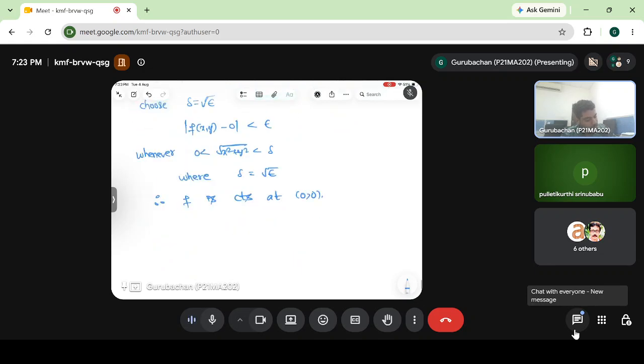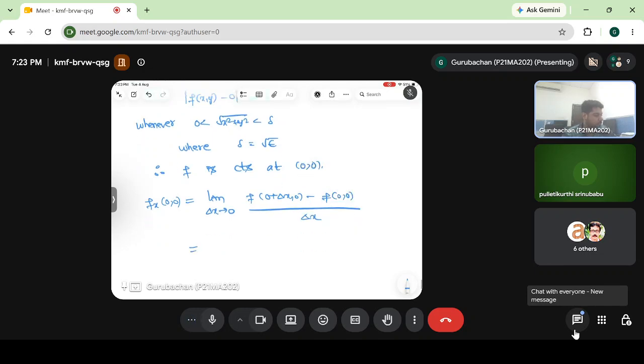Now quickly tell me fx(0,0). What will be fx(0,0)? It is the limit as delta x tends to 0 of f(0 plus delta x, 0) minus f(0,0) divided by delta x. So what will it give you? Tell me. Limit delta x tending to 0.